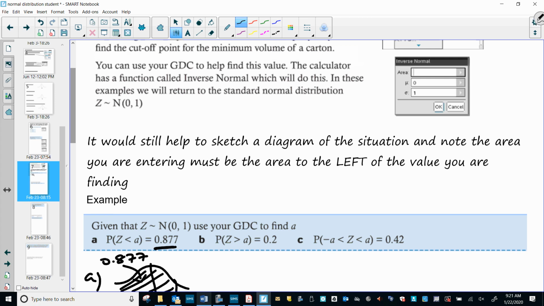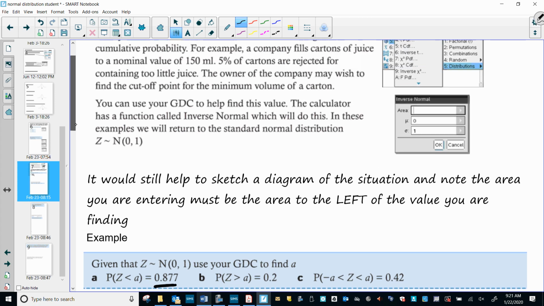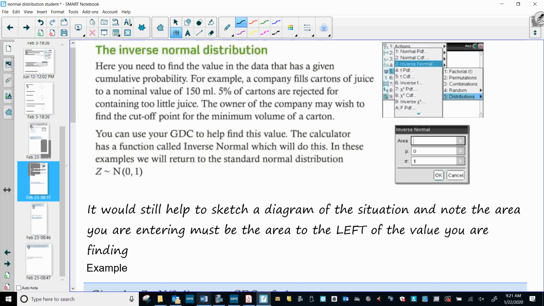Right, so now we need to get to this. I did show you how to get to it. So, we press menu, but this time it's 3, because it's inverse. Apologies, it's 5, 5, 3.